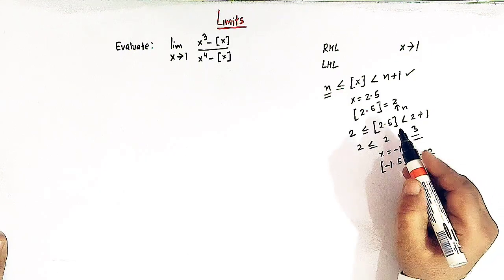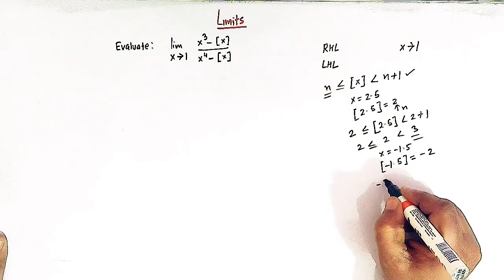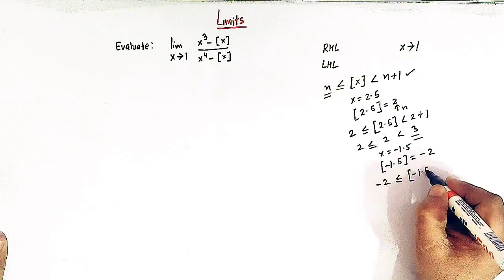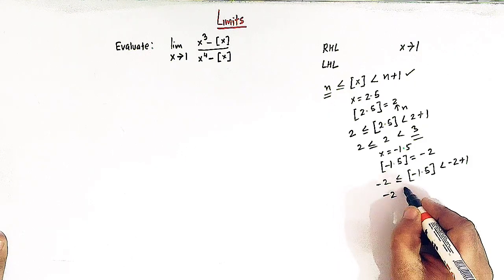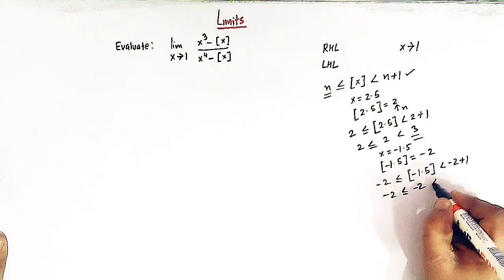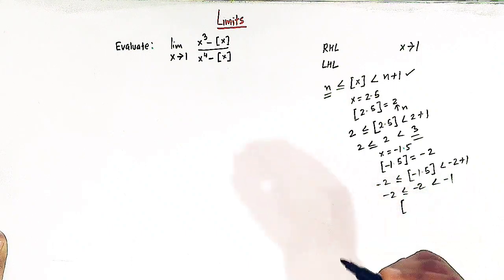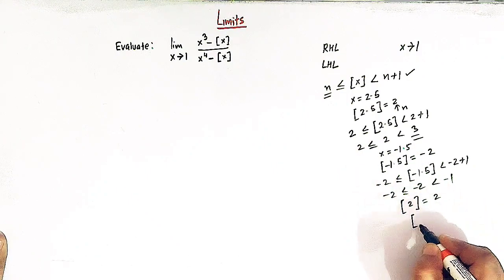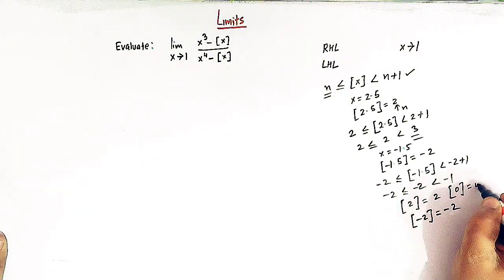Writing this in terms of the inequality, we have minus 2 less than or equal to greatest integer of minus 1.5, less than minus 2 plus 1, that is minus 1. And we know that the greatest integer of any integer, say greatest integer of 2 is simply 2, greatest integer of minus 2 is minus 2, and greatest integer of 0 is 0.